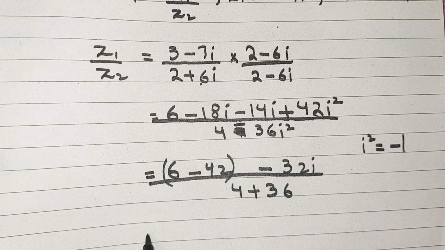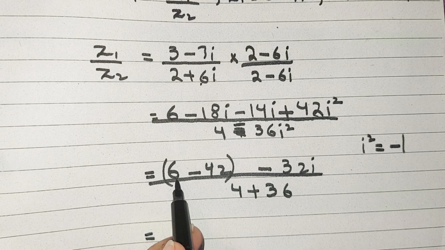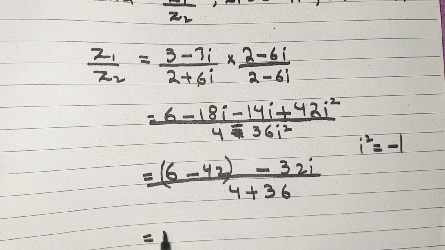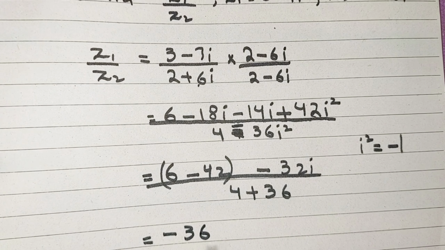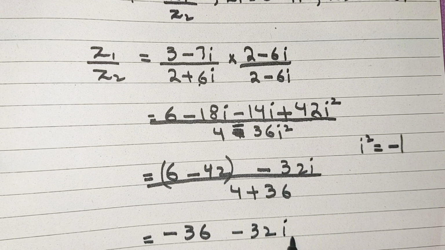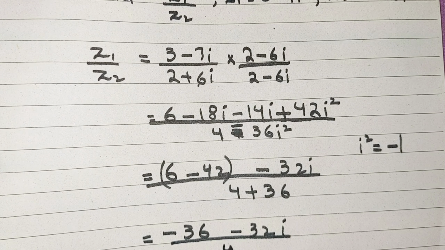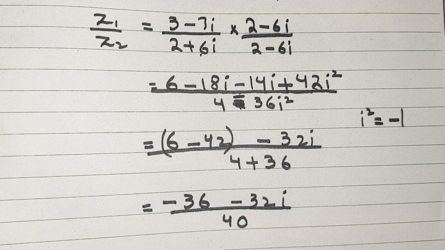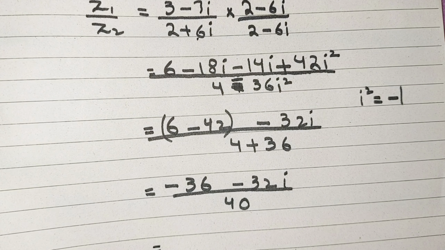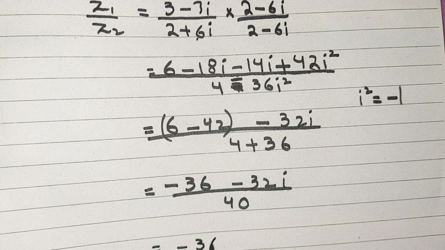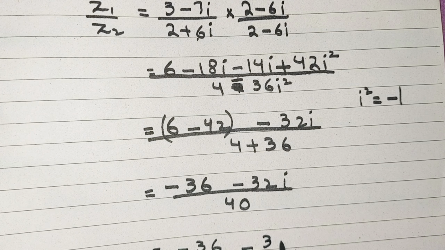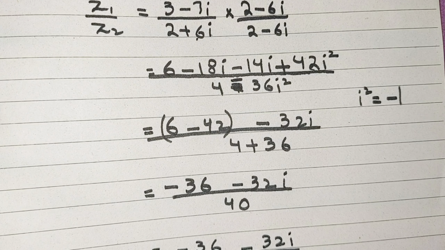Further, we will just subtract this one. 6 minus 42 will be negative 36, and it is negative 32 iota here upon 4 plus 36, which will be simply 40 here. So let's rewrite the real and the imaginary part separately. So we can write minus 36 upon 40 and minus 32 iota upon 40.